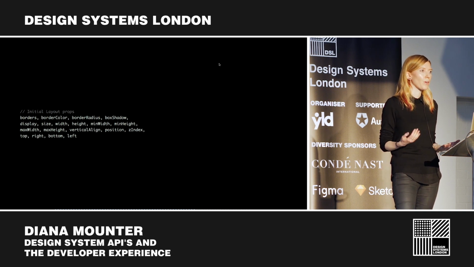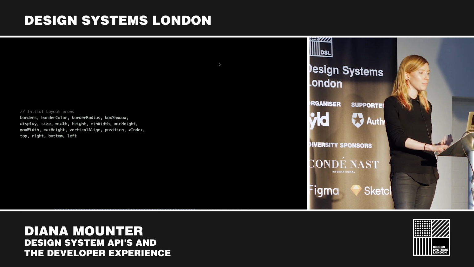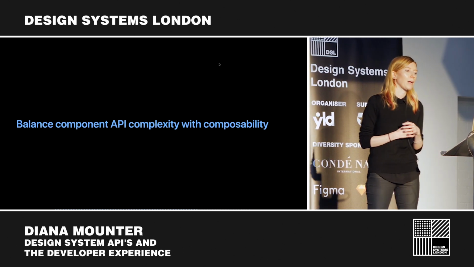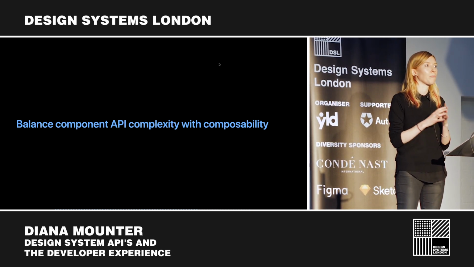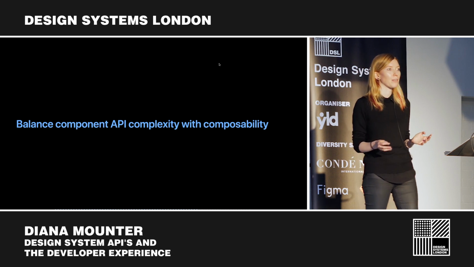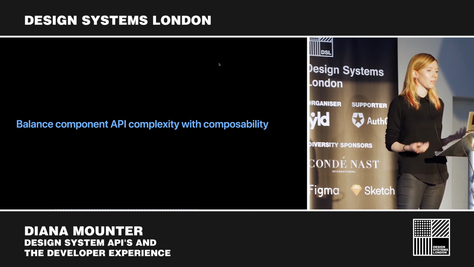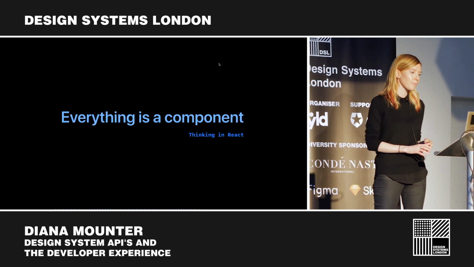So it's a trade-off. It's difficult to get right sometimes. It's a balance between the complexity of a single component API and the composability. I don't have a silver bullet for how to make those decisions. Just have discussions with your team, figure out where the right balance is.